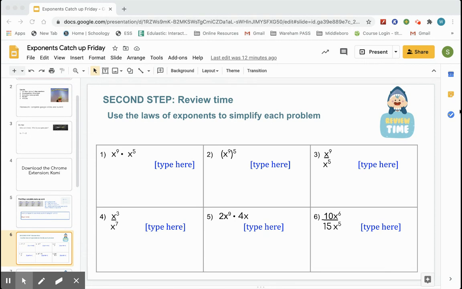Now, the next step is to take care of the variables, and I know that in the numerator, 6 is larger than 5, so I'm going to subtract in the numerator, and x to the 6 minus 5 is just a 1x. So the answer in this case would be 2/3 x.